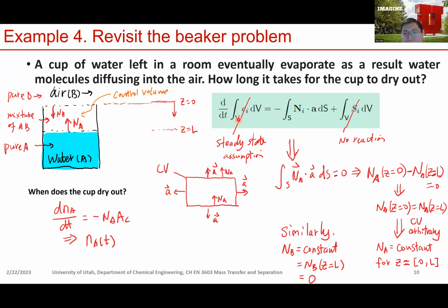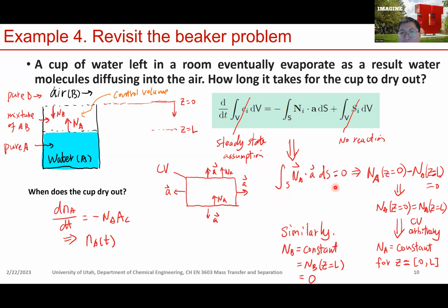That's the integral mole balance equation. Now, if we make the steady state assumption that dC/dt in this region is 0, and there's no reaction in this region, then that simplifies this equation to only this term.